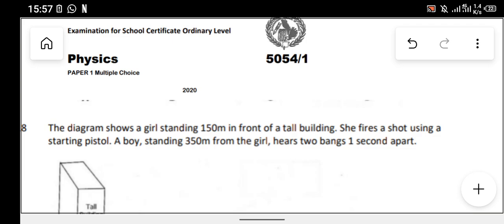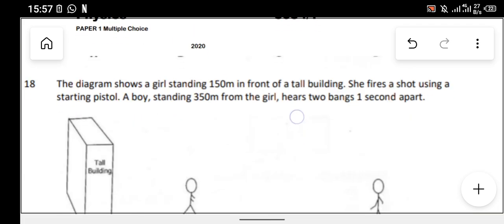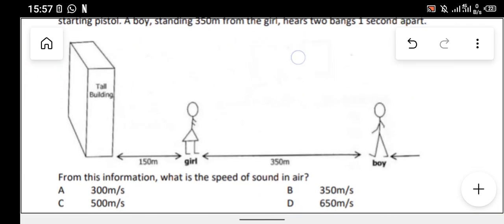A boy standing 350 meters from the girl hears two bangs in 1 second. Here is the representation. From this information, what is the speed of sound in air?